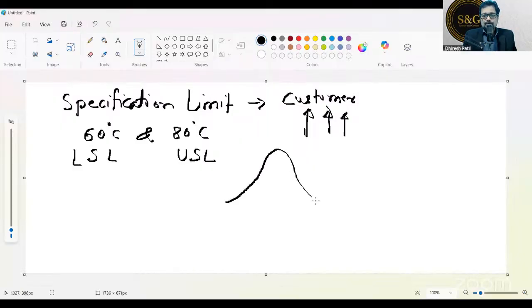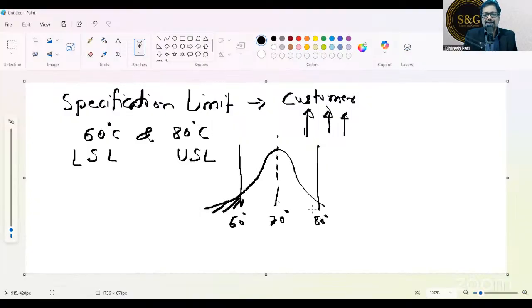Ideally, while showing specification limit, we generally show a histogram like this, like normal distribution curve, right? And then we put the specification limits like this. So let's say, for example, this is 70 degree, this is 60 degree, and this is 80 degree. So whatever goes outside of this, meaning any data which goes below 60 degree and any data which goes above 80 degree, we all know it is called as rejection, right?